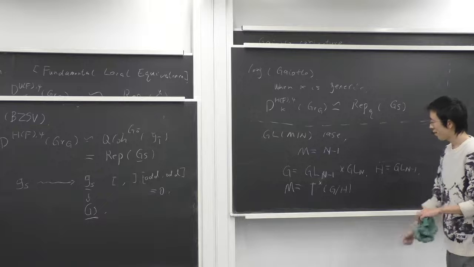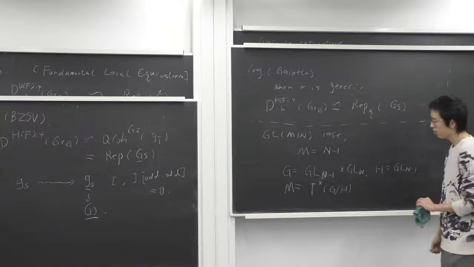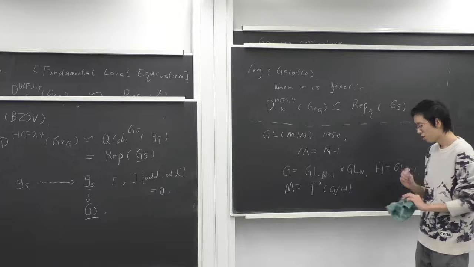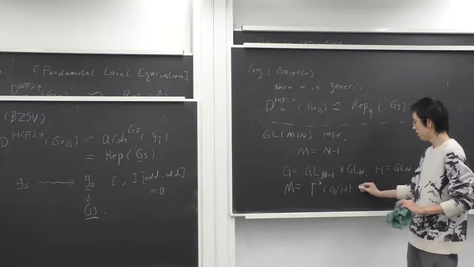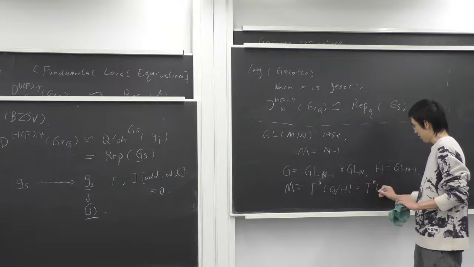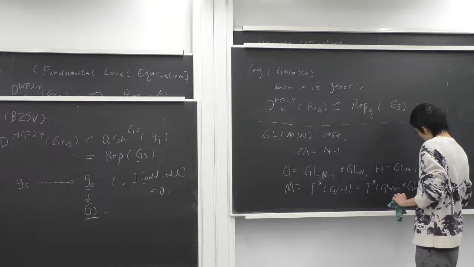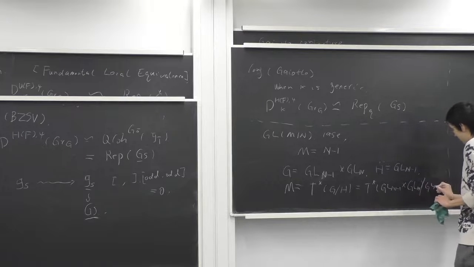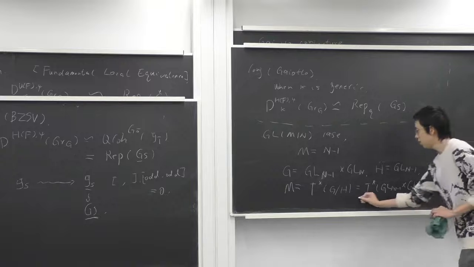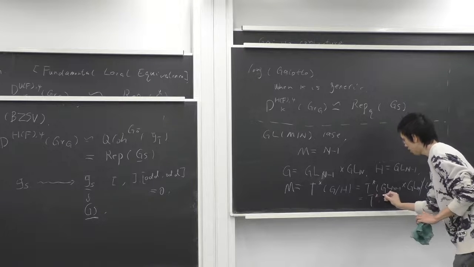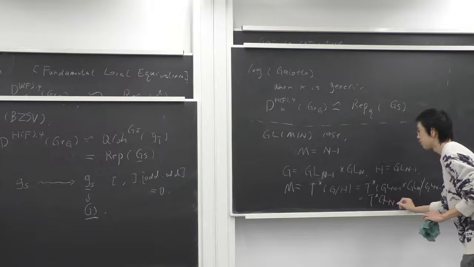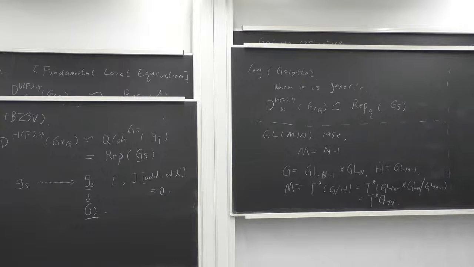So your M is the classical non-twisted cotangent bundle on G/H, which is just the cotangent bundle on GL(n). So that is the left side, your G and M.